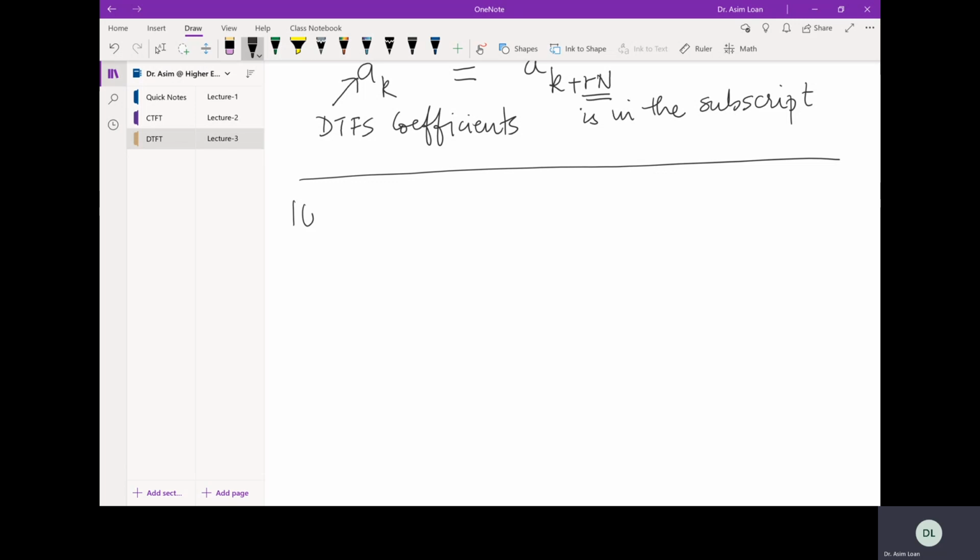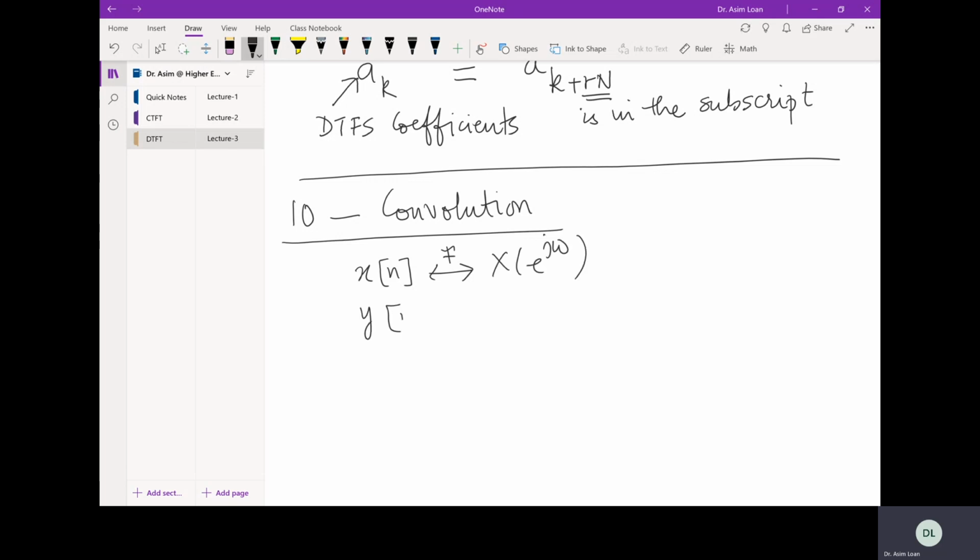The 10th property is convolution. So if x of n has the Fourier transform x of e^jω, and y of n has a Fourier transform y of e^jω, or maybe I write h.